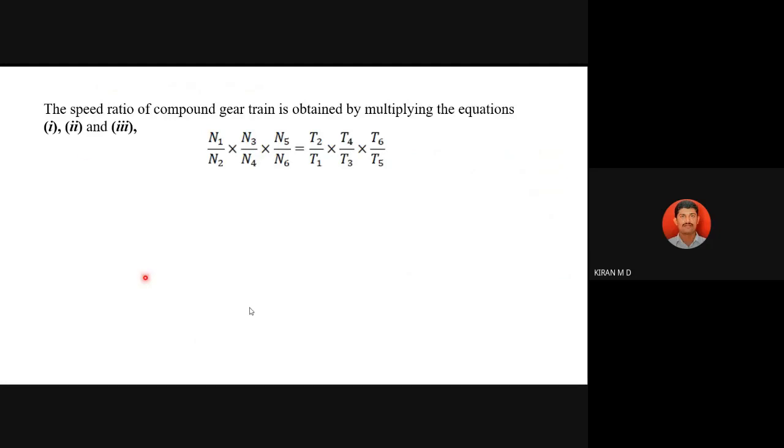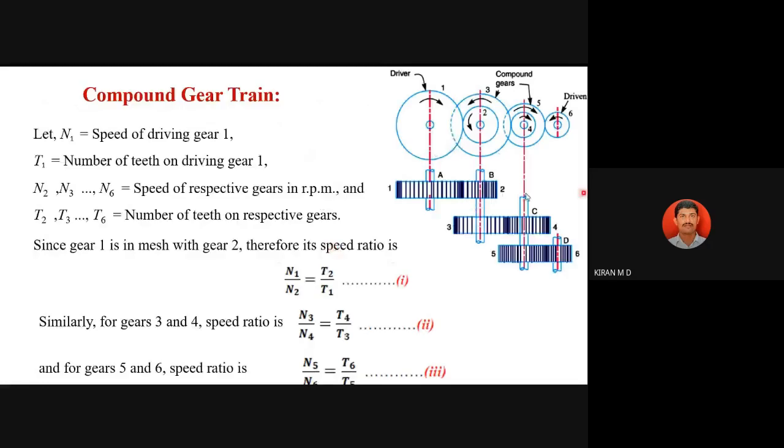Now to get the velocity ratio of this entire gear train, we are going to multiply all these, because, as you can see in this figure, 1 is driving 2, 3 is driving 4, 5 is driving 6. So we got the velocity ratio of this one, N1 by N2.